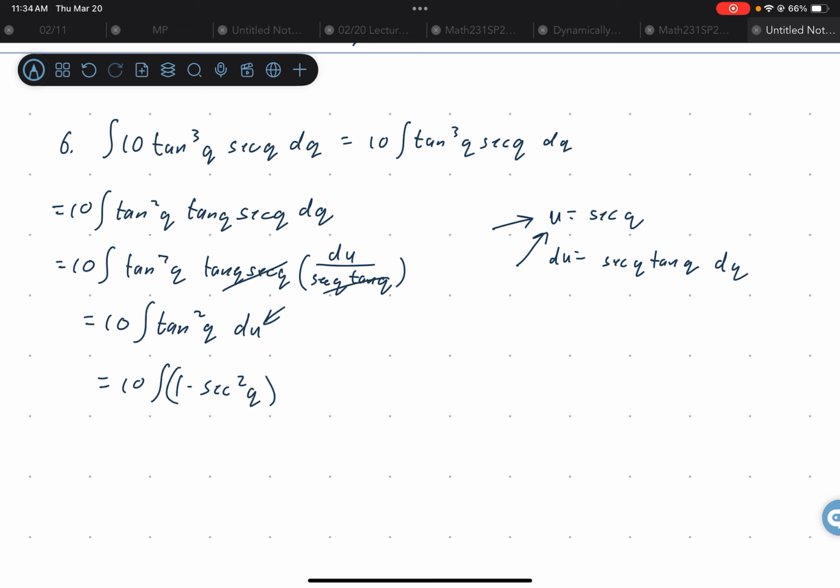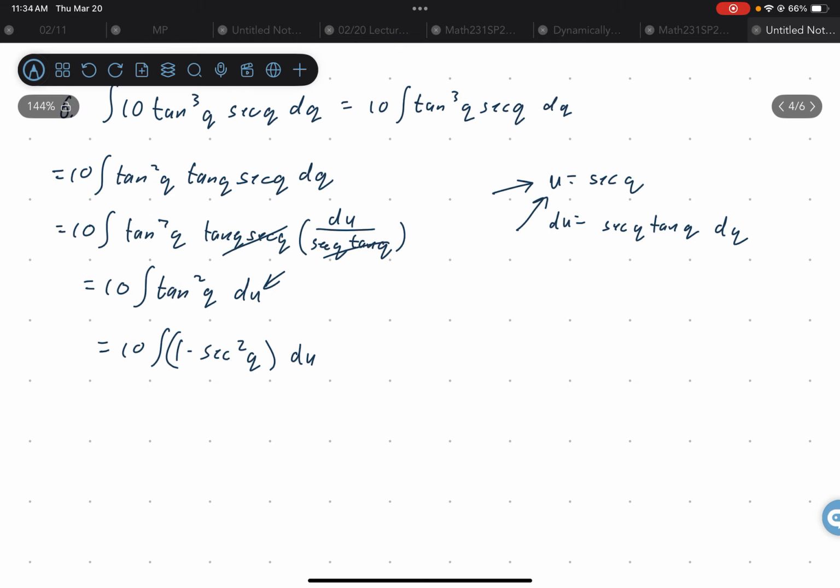And this is one of the trigonometric identities. All right? What is it? Tangent squared equals 1 minus secant squared q.